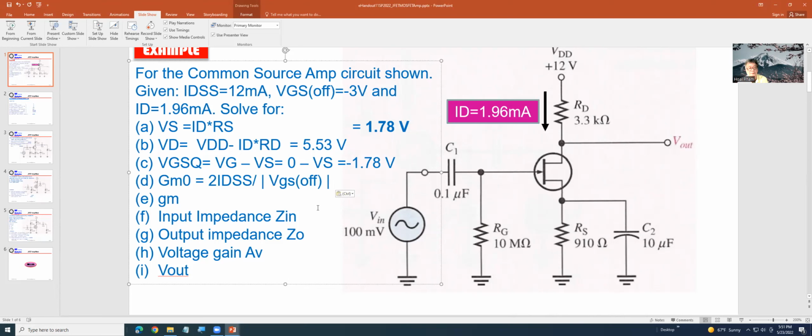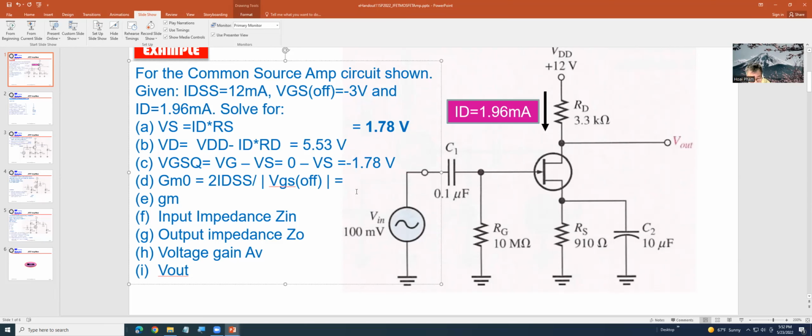That is the formula. Calculate the gm0. Who gets the answer? I got 8.